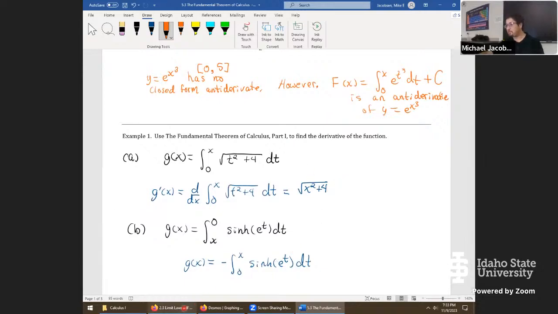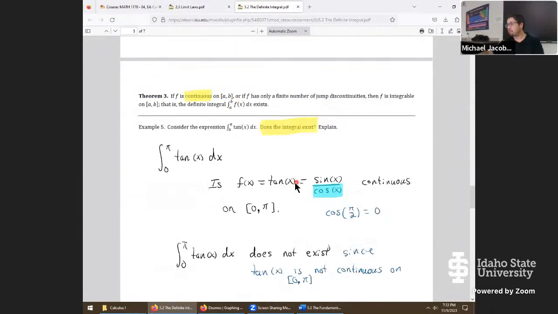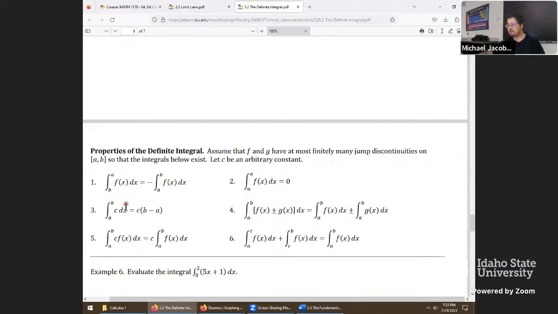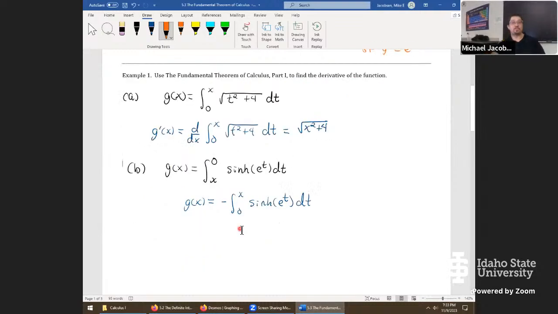Okay, so essentially all we're doing is we used, somewhere over here, there it is, this property, property number 1. We swapped b and a, put them in those corresponding locations, just threw an extra negative sign in front. And now that's our g of x function right there. So now we can differentiate it, g prime of x.